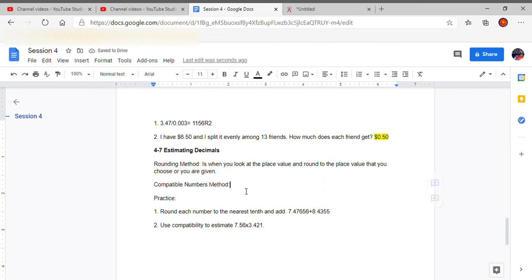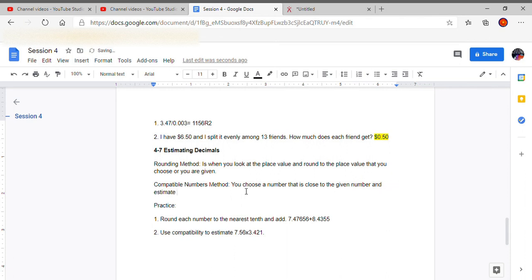Compatible numbers method. So this method is you choose a number that is close to the given number and estimate using the close number. So you can pause the video, do these practice problems, and when you're done, unpause.